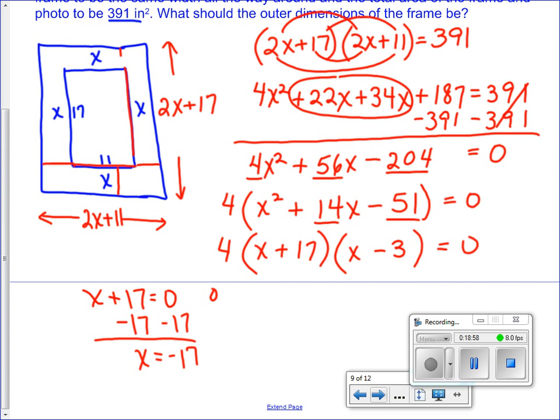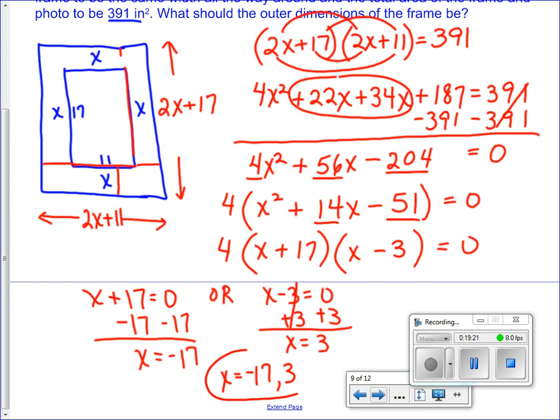Or, x minus 3 has to be equal to 0 to find our x-intercepts and our solutions. And adding 3 to each side, we get x equals 3. So our two solutions are negative 17 and 3.